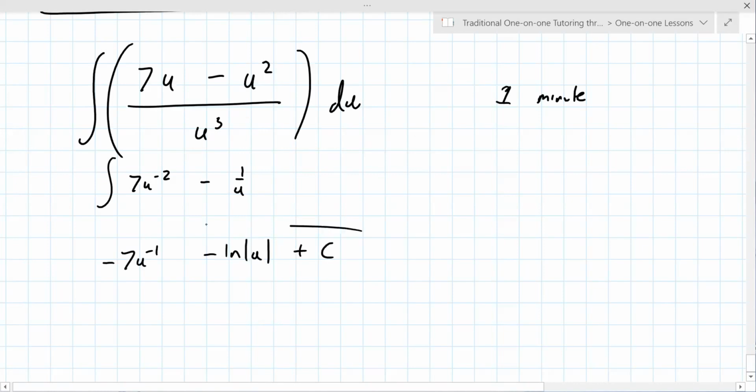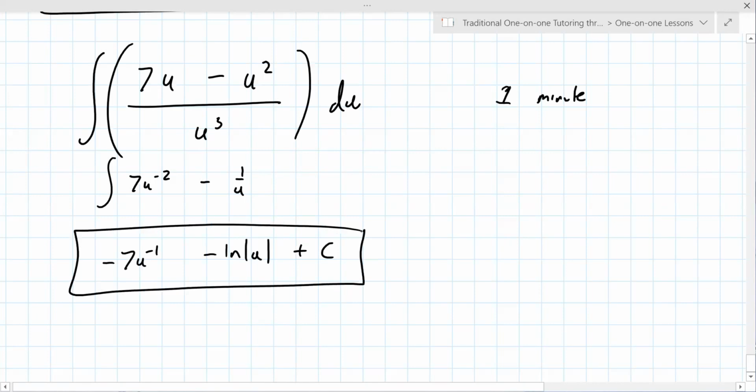So this is how fast you have to be when you get to the class. Well, 7u over u cubed: you have u times u times u, so those cancel and you get 7 over u squared, which is 7u to the minus 2.